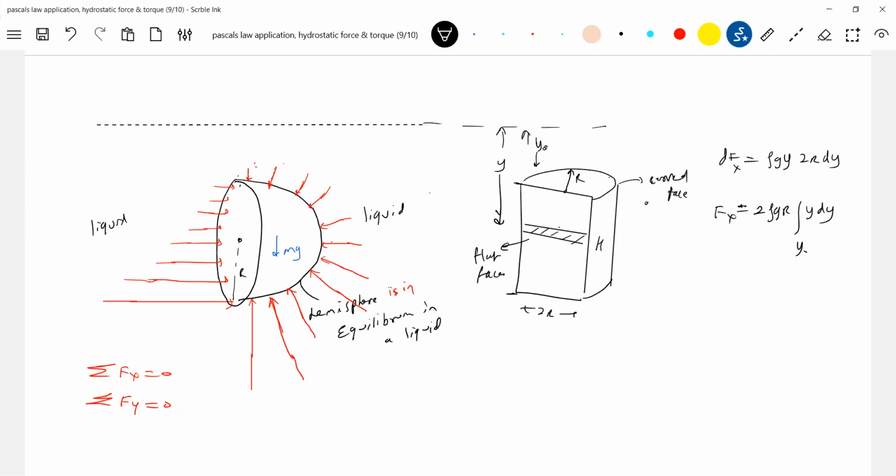The limit will become y naught to y naught plus h. What is y naught? The depth at which the upper end is there. So the 2 gets cancelled. So rho g r times (y naught plus h) whole squared minus y naught squared.